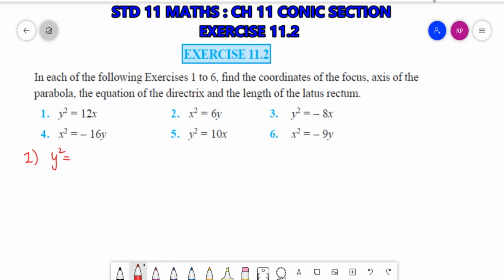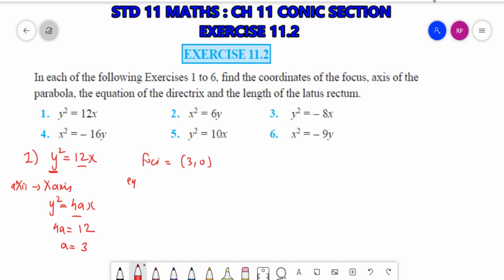y square equal to 12x. Now as it is y square, the axis is the x-axis. Comparing it with y square equal to 4ax, we get 4a equal to 12, that means a will be equal to 3. So the focus (a, 0) is (3, 0).